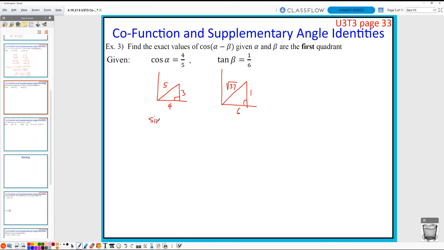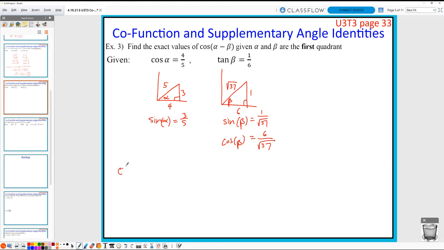I need to know sine of alpha, which is 3 over 5. For this guy, I have sine of alpha, sine of beta. Right, so this is alpha, this is beta. Sine of beta is 1 over root 37. Cosine of beta is 6 over root 37.